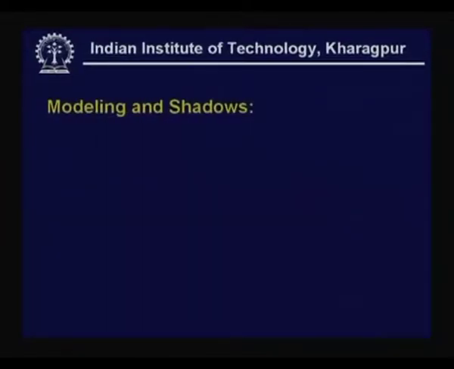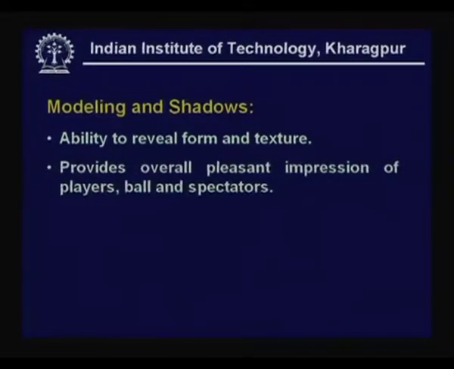Having covered horizontal illuminance, vertical illuminance, illuminance uniformity, and glare indices, the next important factor is the modeling and shadow. Modeling and shadow enable us to reveal the complete form and texture and give an overall impression of the players and the ball.